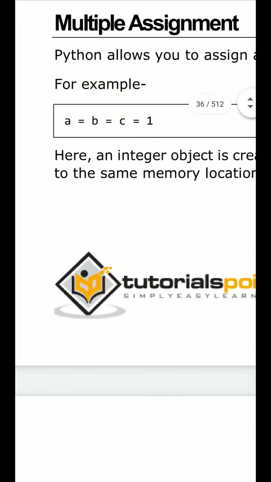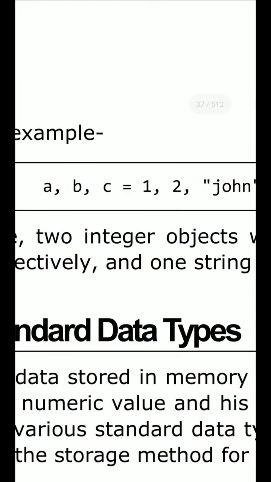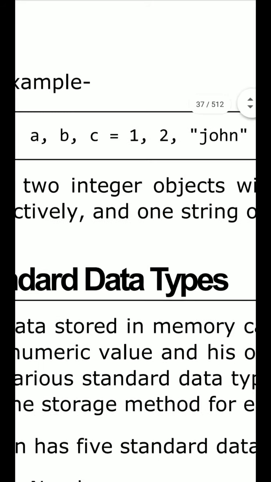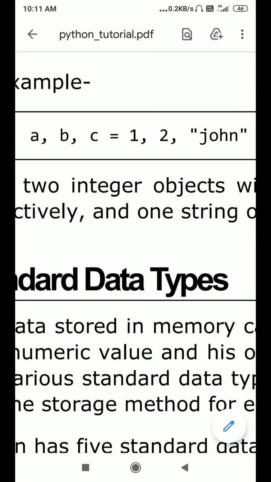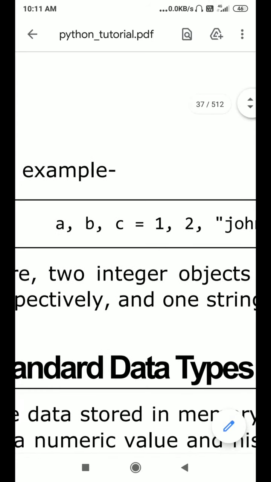We also have another assignment, where I am using different data types and different variables with different values. So a is assigned 1, b is assigned 2, and c is assigned John. These are three different variables assigned three different types of values. So this is another example of multiple assignment in Python.